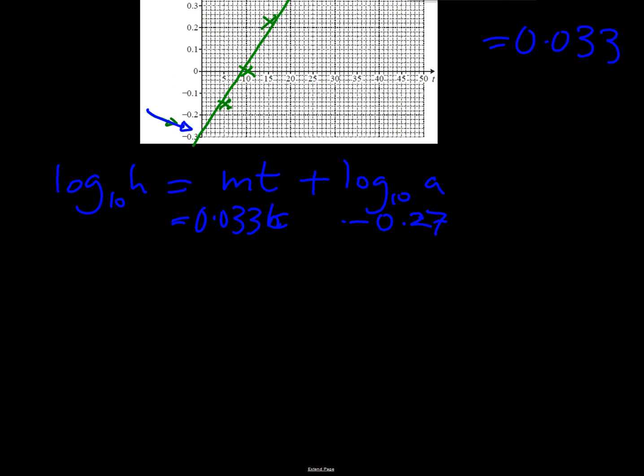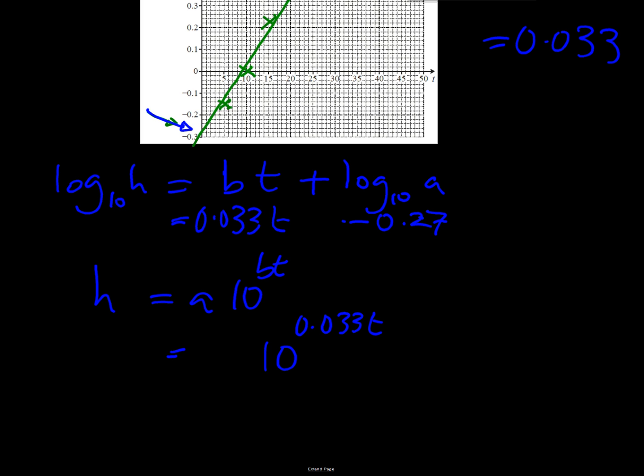And we calculated before, so when we had the gradient m, we should really have written b, because that's what we had in our formula before, wasn't it? B, there we go. So we now know b and log 10 of a, and we now need to rewrite that formula back into the form that we started off with, a times 10 to the power bt, where b is 0.033t.